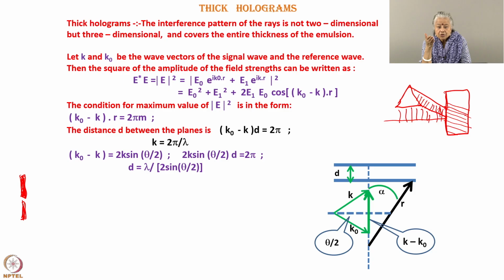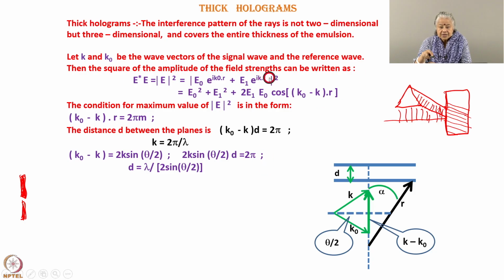That's why I have taken polar coordinates like k. K is the wave vector, not along x or along y, which were the Cartesian coordinates I used previously. Here I write the wave as e to the power i k0 dot r plus E1 e to the power i k dot r.